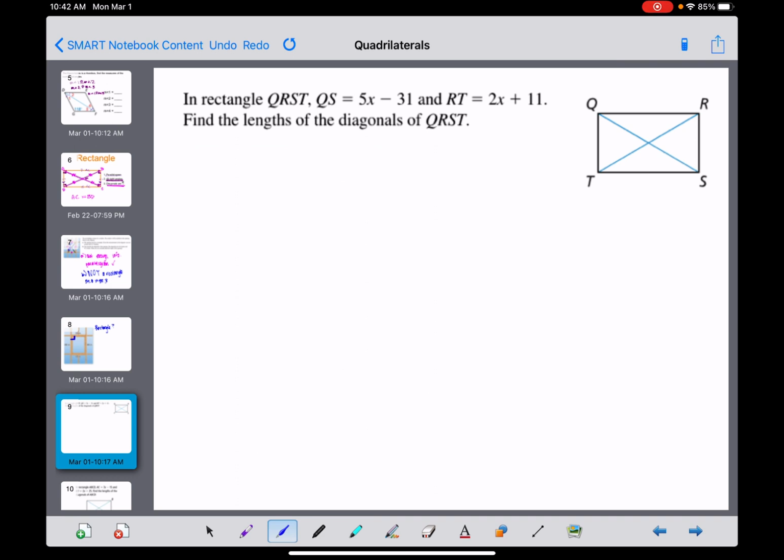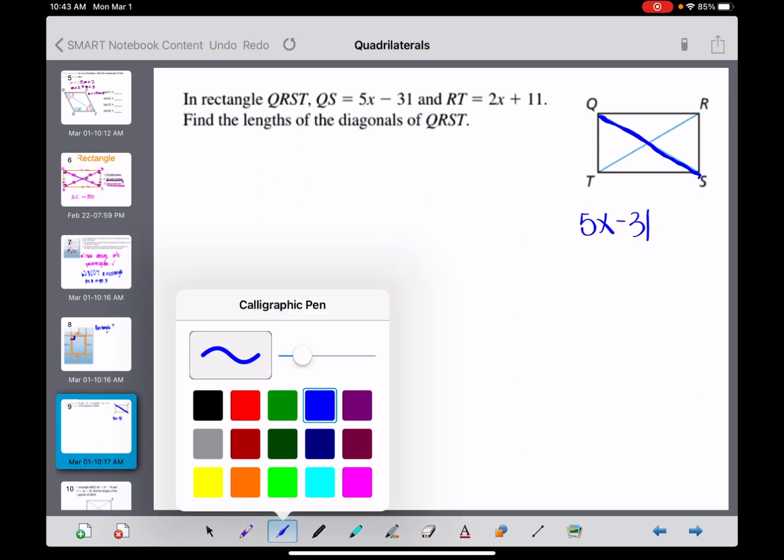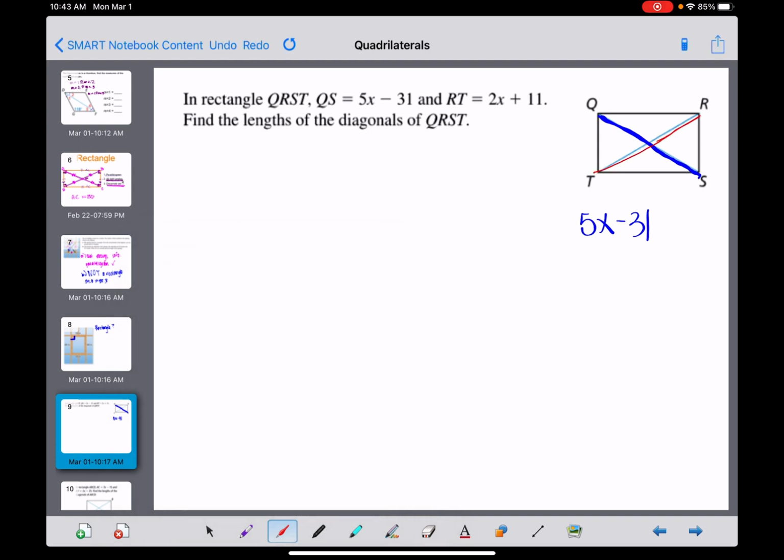The second characteristic that we learned about rectangles is that diagonals are congruent. So they are giving us that Q to S, so that length right there, is 5x minus 31. And then they're telling us that R to T, so this diagonal, is 2x plus 11.